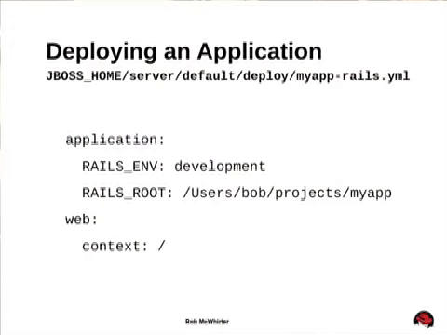So to deploy, you basically throw this 5-line file into your deploy directory, and AS5 notices that and it will stand up your application from your app living somewhere else on your disk. Of course, it's a 5-line file, but it's a little more complex than I personally want to write. So as I said, we have utilities that make it very easy to deploy the app you're currently working on.